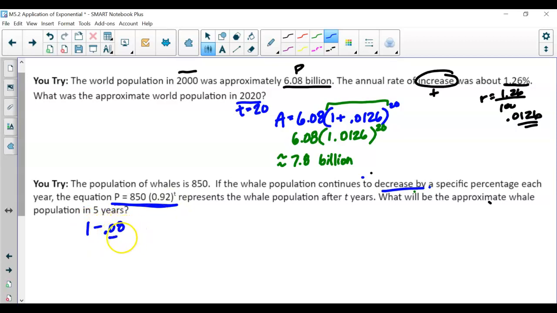Because that's going to represent your 8% here. Subtract that, you get 0.92. So what was our T that you had to use? 5 years. So here, 850 times 0.92, raise that to the 5th power, and you get about 560 whales.